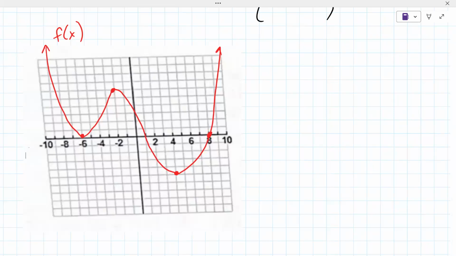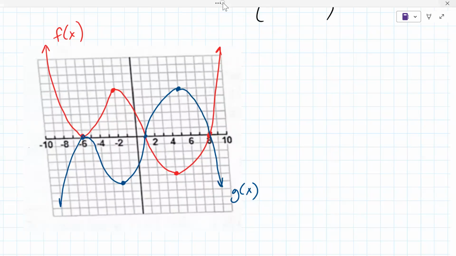We already did the one with one function, so I guess we do need to do the second. Let's call that g of x there.